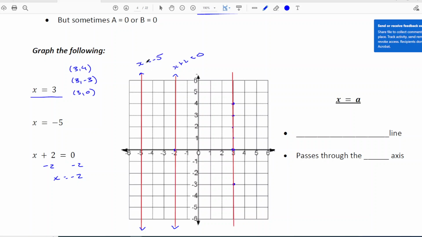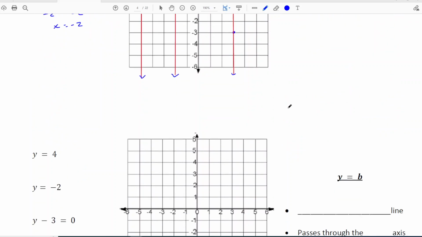This is my graph of x equals -5. And this is my graph of x equals 3. If x equals a number, then you get a vertical line which passes through the x-axis only. When x equals something, you do not pass through the y-axis.